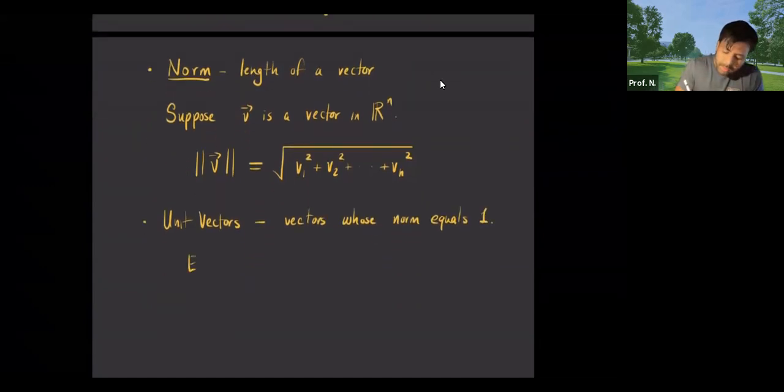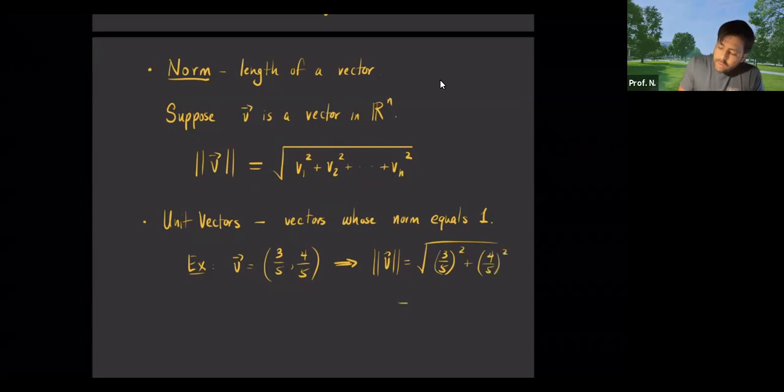A little example of that: let's say you have the vector (3/5, 4/5). Then we take the norm of this, you square each component and add them together, and we get 1.